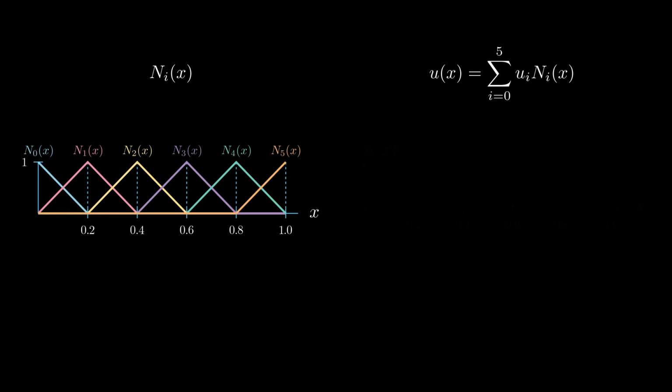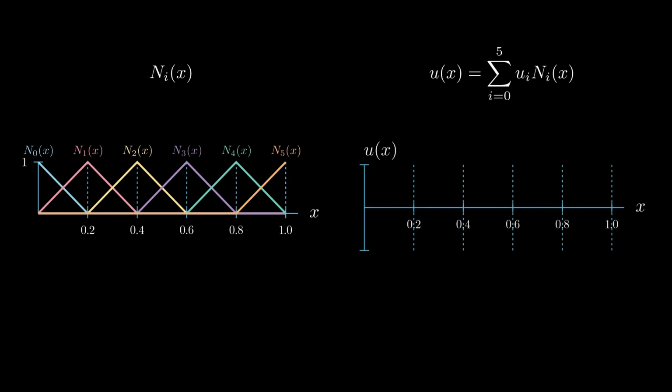In this way, the parameter ui dictates which value the function u of x takes at the node i. By tweaking the parameters ui, we obtain various shapes. As you can imagine, if more elements are considered, the variety of shapes that can be expressed with the ansatz would increase. After having defined the ansatz for u of x, our goal is to compute the unknown values ui.